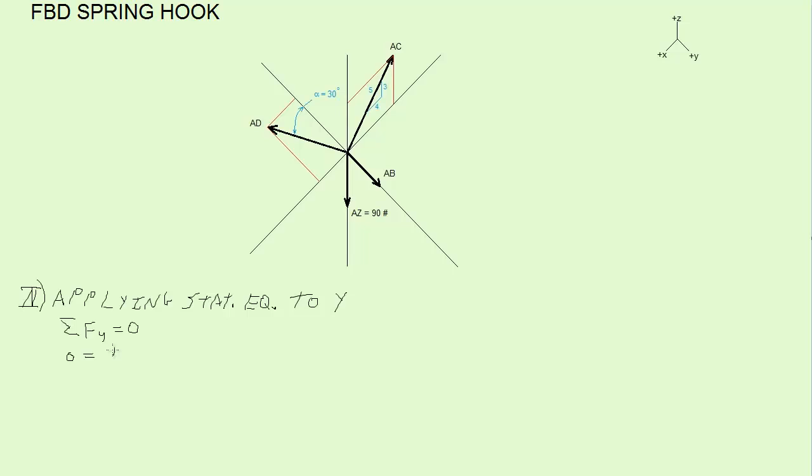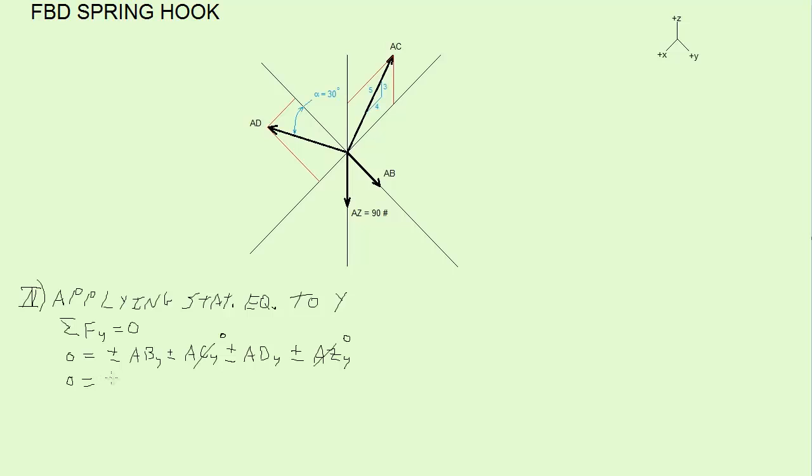So 0 equals plus or minus ABy plus or minus ACy plus or minus ADy plus or minus AZy. Now some of these do not have y components. AZ does not have a y component. Likewise, AC does not have a y component.